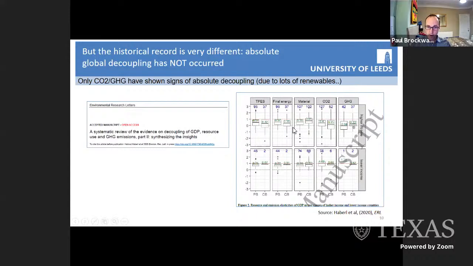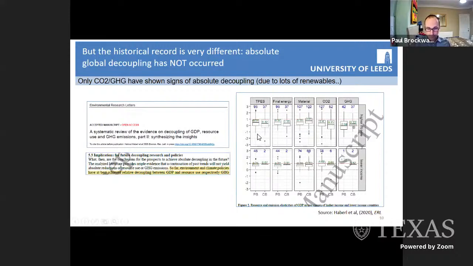And what we find is that energy occupies the space in between. So again, it's this relative decoupling space for the rich countries, and an even tighter, closer to absolute coupling space for the lower income countries, because they're producing a lot of the goods that we're buying. So there's this kind of trading effect between the two.